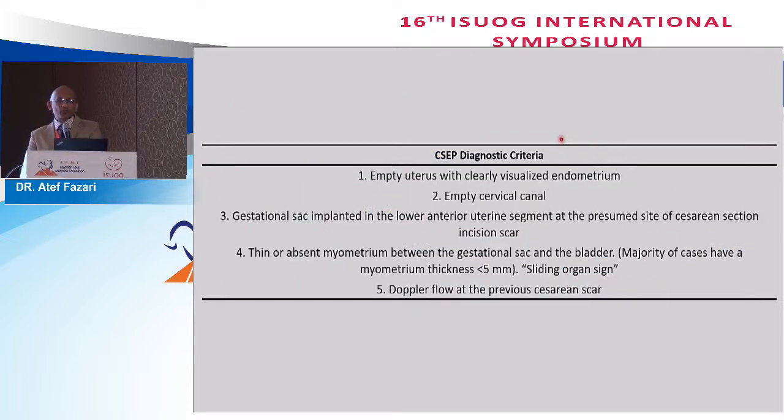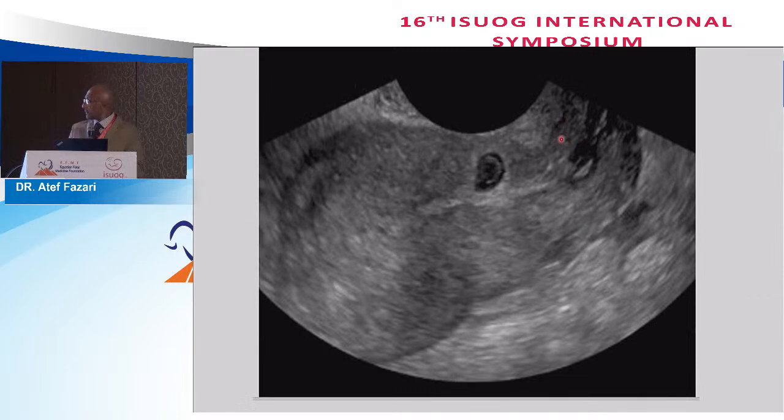This table should be in most of the clinics near the ultrasound scan or even the system. And here we can see this pregnancy, the bladder maybe here, the endometrial cavity, the lining is down here. So this is the endometrial cavity.